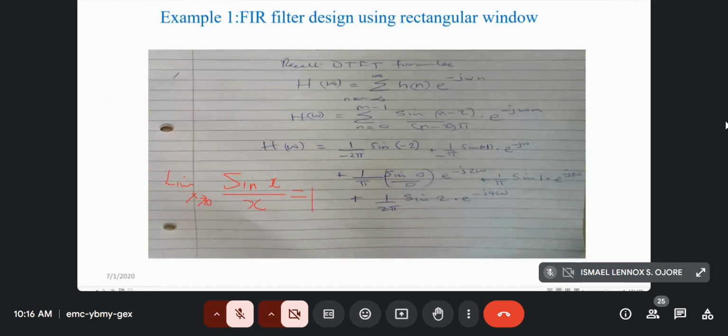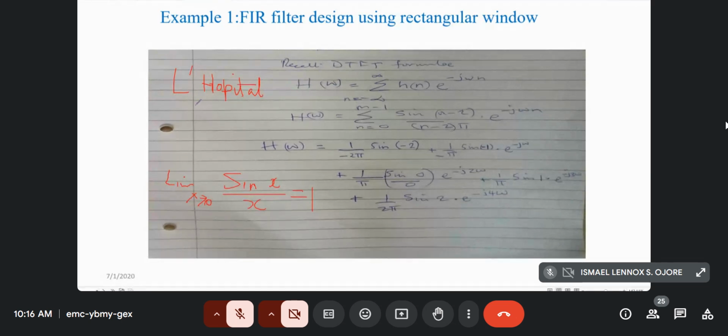I think it's called L'Hôpital's rule. I find people calling it the hospital, but it's Le Hôpital, the Hôpital rule. I don't know if they have done it in maths.